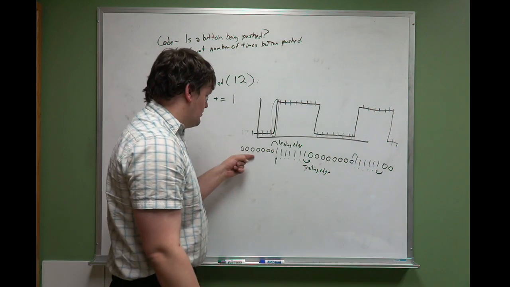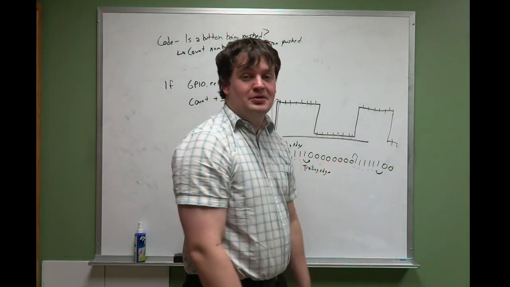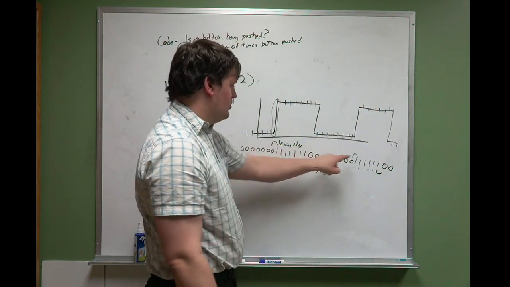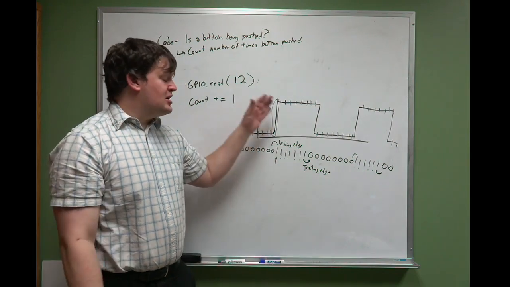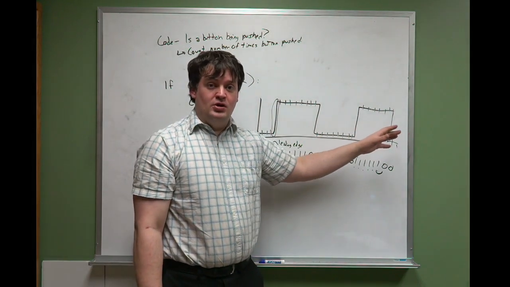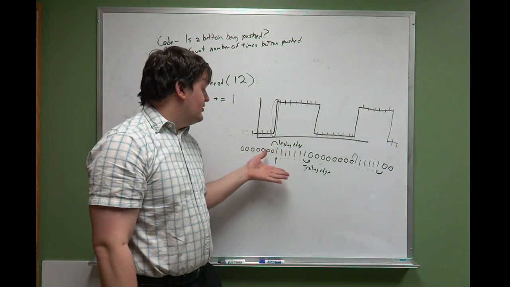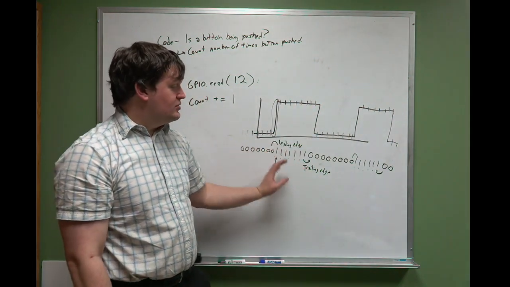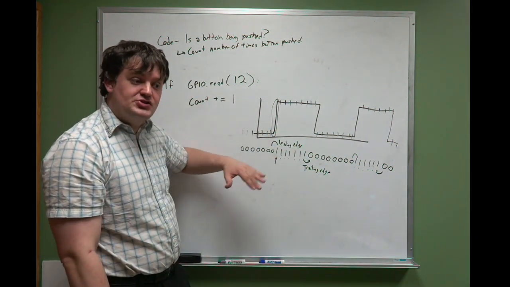We would have 1 here and 1 here. Those are our 2 leading edges, so we only have 2 button pushes. It doesn't matter how long I hold the button down now. It doesn't matter how many samples the Raspberry Pi has for this button being depressed. I only get 2 measurements because there's only 2 of these edges where it switches from off to on.